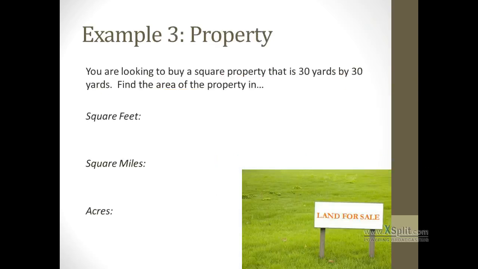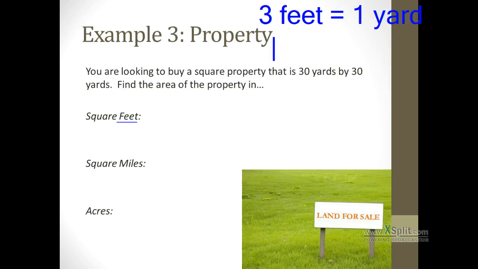Now it gets a little bit different when we're converting area. Suppose you want to purchase some property and you know that this property is 30 yards by 30 yards. I'm going to start by converting this into feet, because I want square feet. I know that 3 feet is equal to 1 yard.